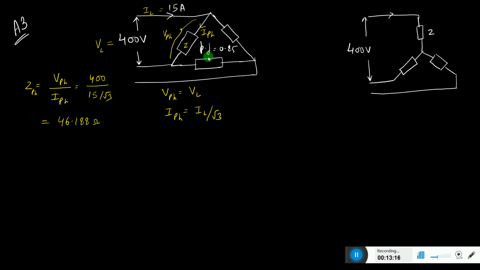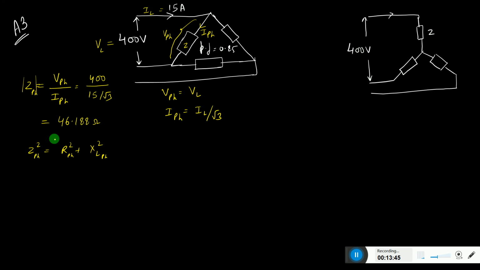Now, since the power factor is given to us and the Z value, the magnitude, is known right now. This is the magnitude part that we get. So we can write Z square is equal to R square plus XL square, or also we can say Z phase square equals R phase square plus XL phase square.